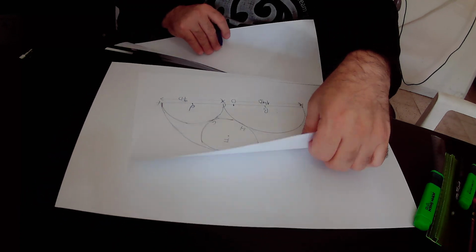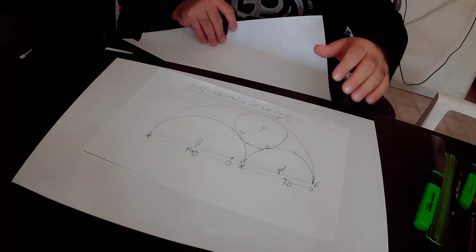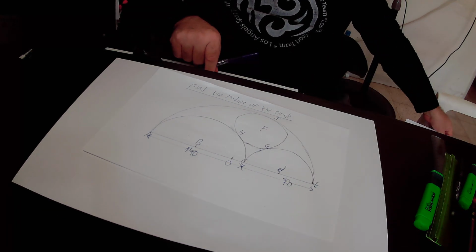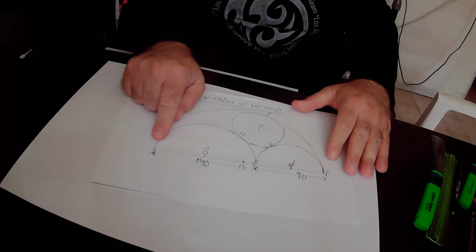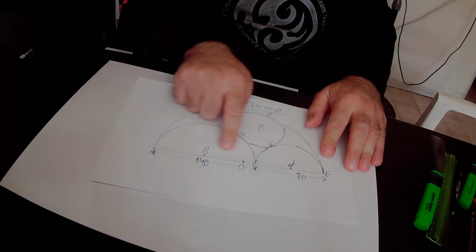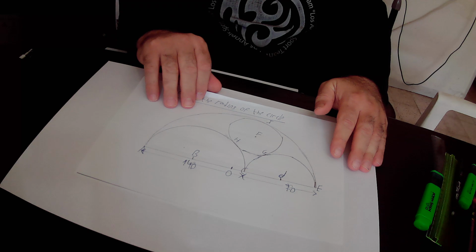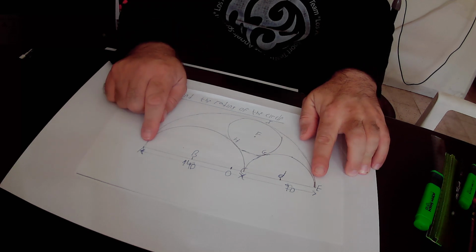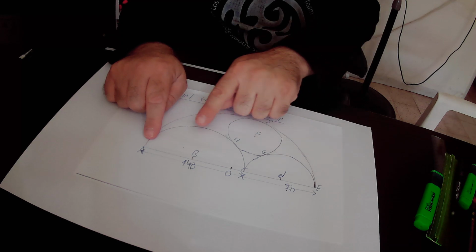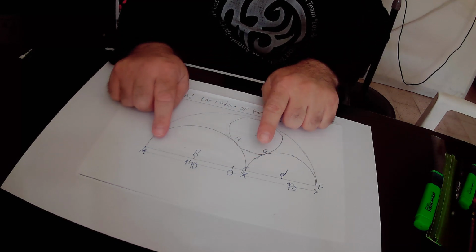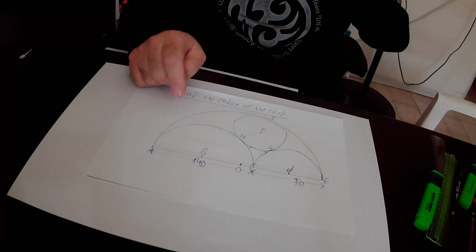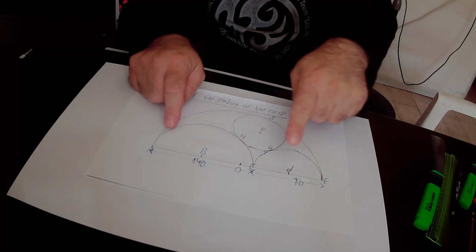According to what is given as the question, line segment AE equals AC plus CE. Okay, AE equals AC plus CE.